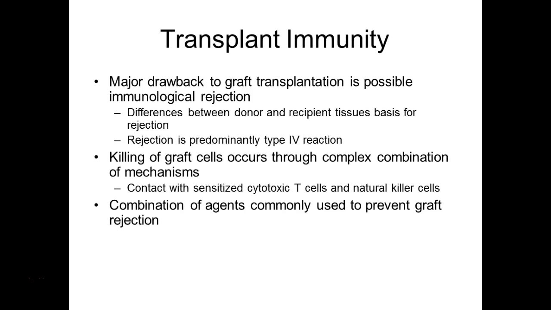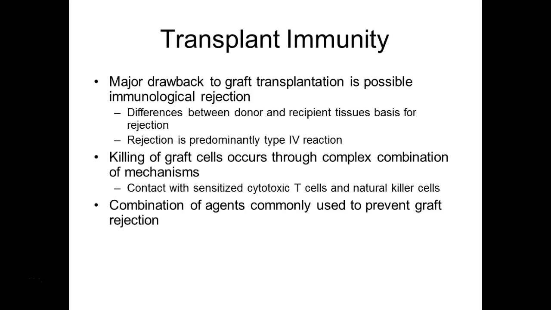So killing of graft cells, though a complex combination of mechanisms happens, the major players are sensitized T cells that start recognizing these as foreign, and natural killer cells, again, that aren't able to properly communicate with these cells because they're displaying a different MHC than we recognize. And that's where those molecules originally got their name, right? That's where MHC came from, major histocompatibility complex, right?